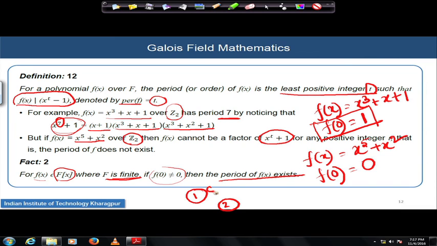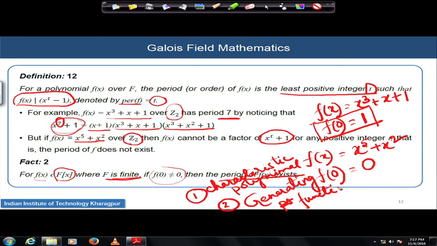One is our characteristic polynomial, and second one will be my generating function.